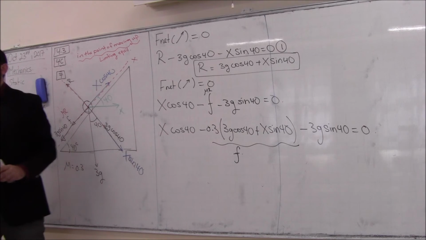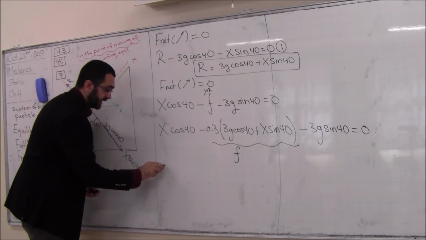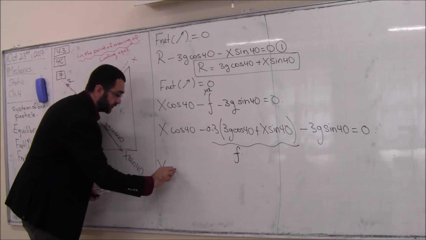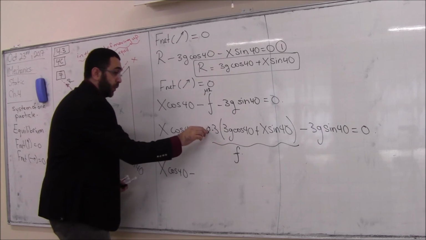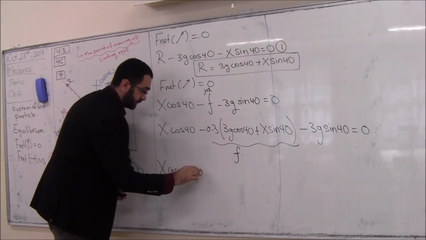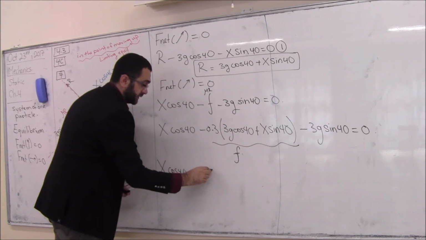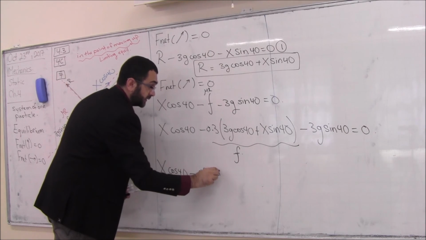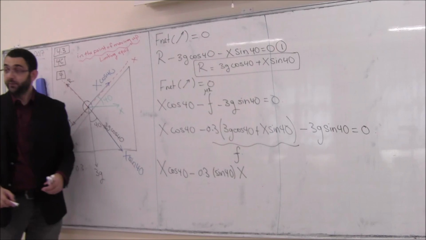Look at this equation. What is the only variable here? x, right? The only variable is x. So I will work out x in detail. x cosine 40 minus 0.3 times x sine 40, right? Clear?